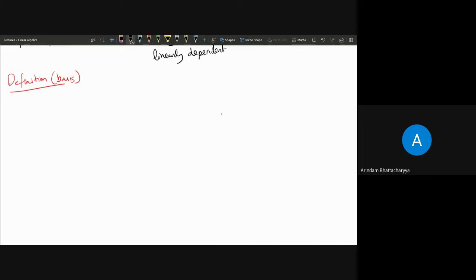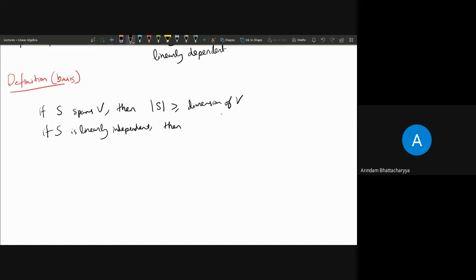So we already know that if S spans V, then the size of S is greater than or equal to the dimension of V, and if S is linearly independent, then the size of S is less than or equal to the dimension of V, whatever intuitive notion we have of dimension.